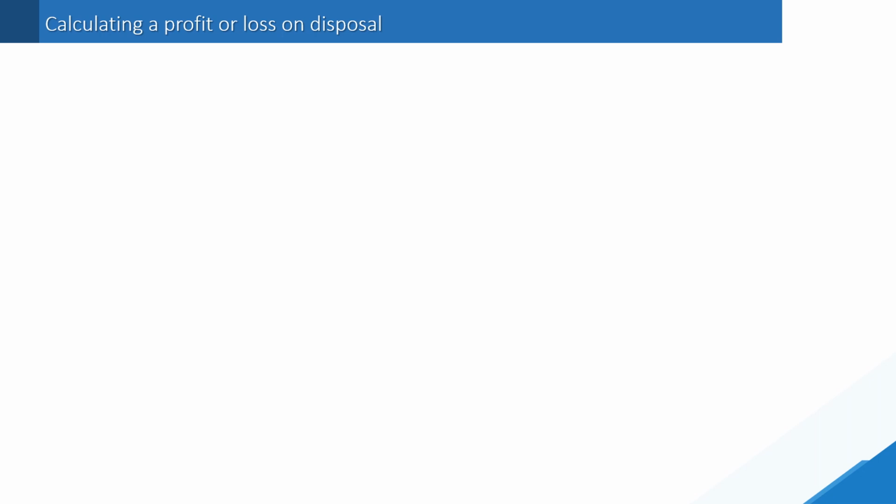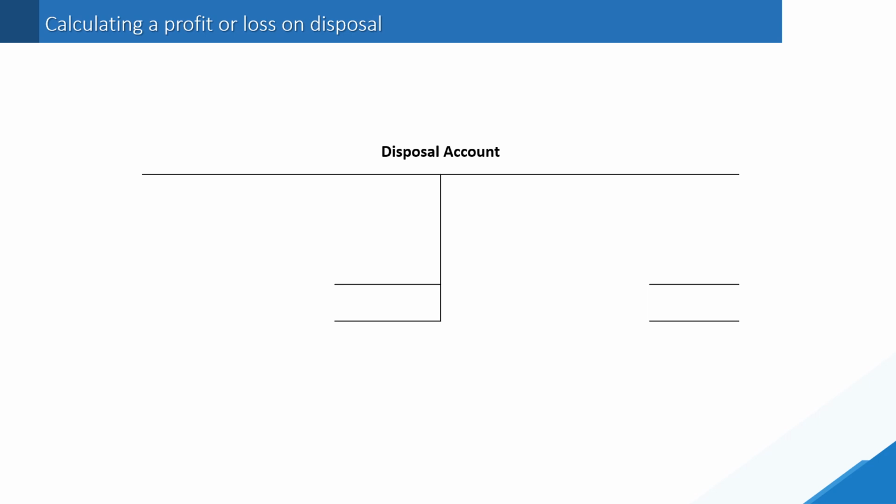Of course, every learner is different and learning steps may not necessarily work for all of you, and that's okay. So what you could visualise is how the disposal account would look. Step 1 is to remove the value of the non-current asset. And we do that by crediting the asset account and debiting disposal.